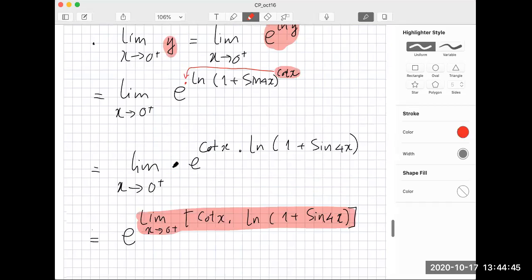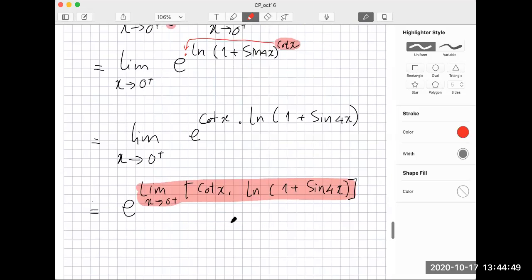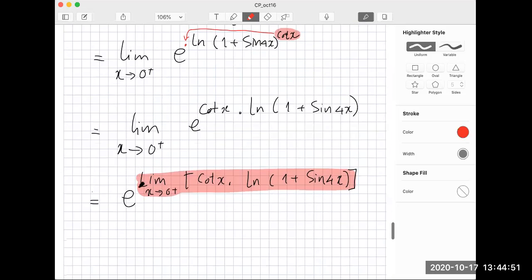Now, the question is the limit of this guy. Now it becomes this problem, and our job now is to compute the limit here. If we can find it, then we know what the value of this is, right?